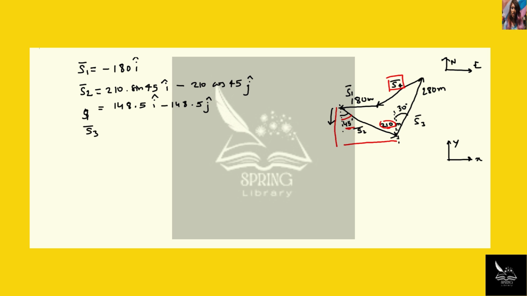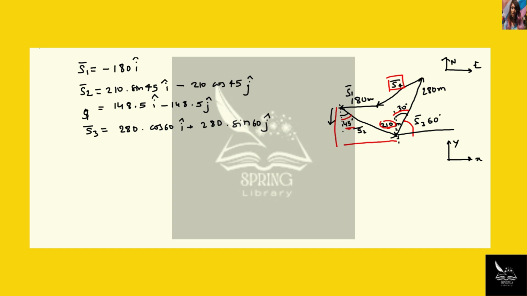Now, S3 is pretty simple. Because it makes an angle of 30 degrees with y-axis, it makes an angle of 60 degrees with the x-axis. This angle would be 60 degrees. Hence, we can simply write it as its magnitude 280 multiplied by cos 60 i cap plus its magnitude 280 multiplied by sine 60 j cap.